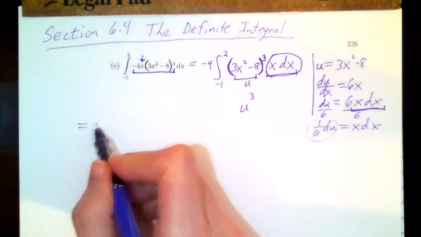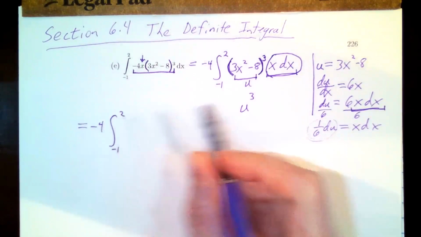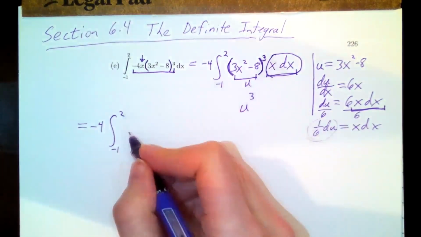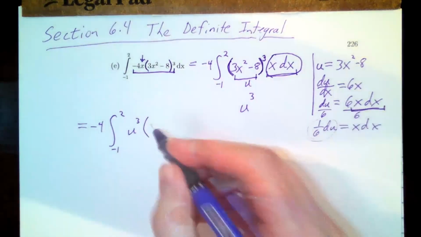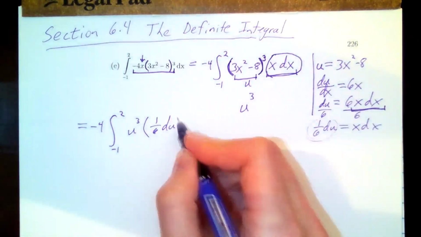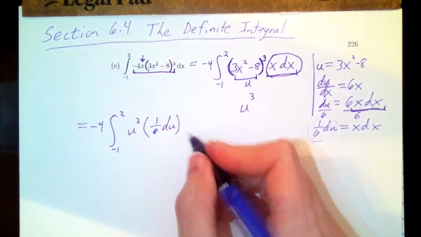So that this integral becomes -4 integral -1 to 2 u cubed times 1/6 du. Now, all of my variables are u's instead of x's, which was the point.